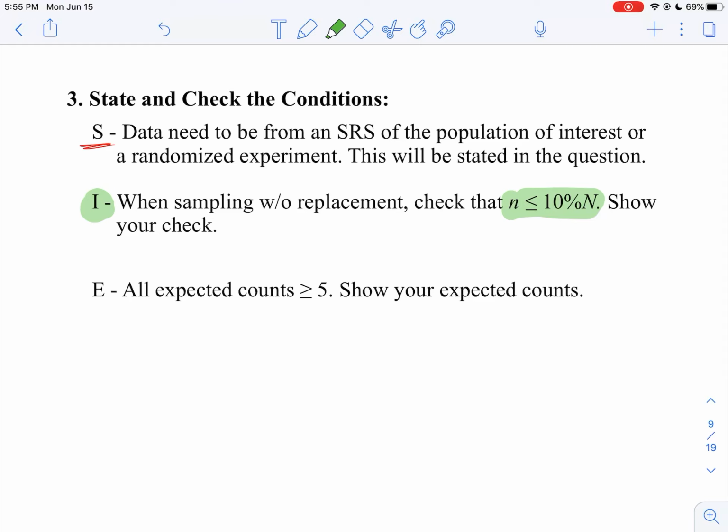I really don't think after reading more this year in the grading that we have to say that anymore. I think we can just say when sampling without replacement, lowercase n has to be less than or equal to 10% of capital N, and then we have to show that's true. And for this, I don't think we have to say anything about independence. I might still talk about independence when we're dealing with proportions or means, but for chi-square, I don't.